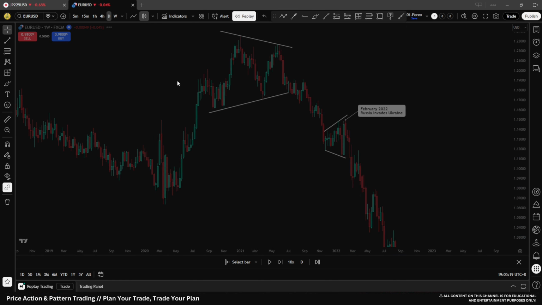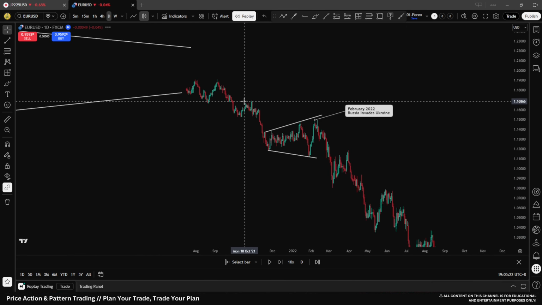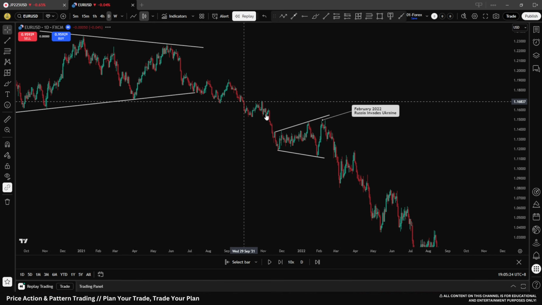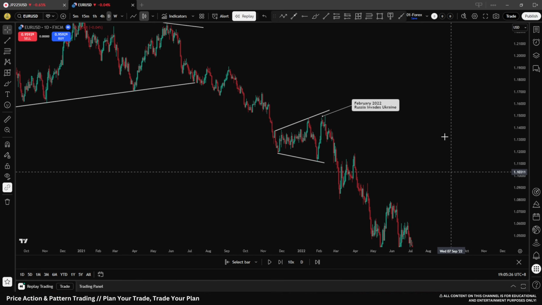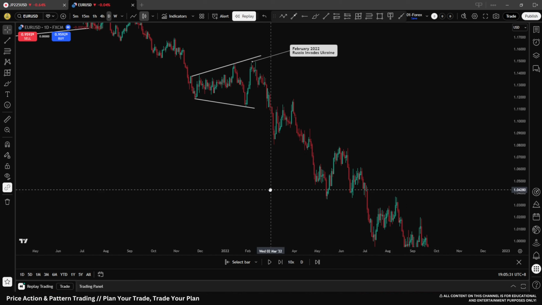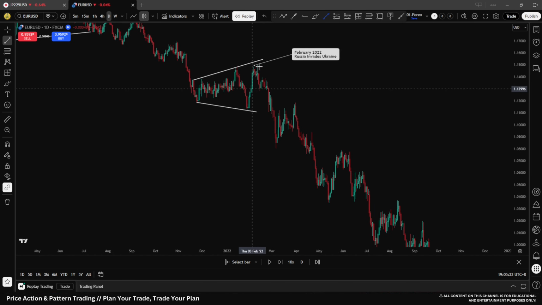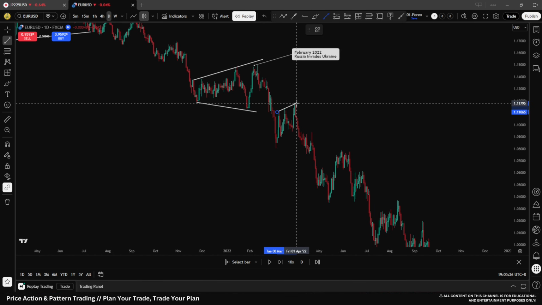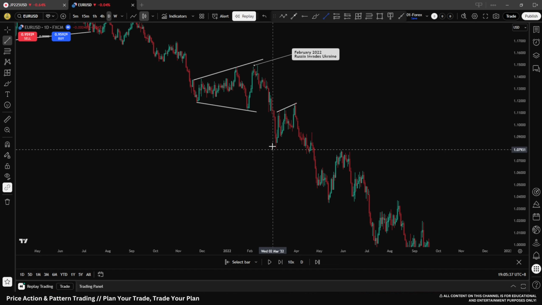I'm going first to the daily. And here on the daily, we can already see this initially messy price action starts to look fairly clear. We have, after this impulse, another 3-touch continuation structure.